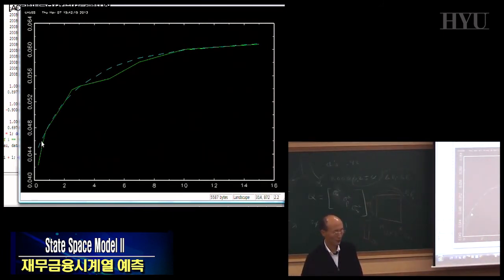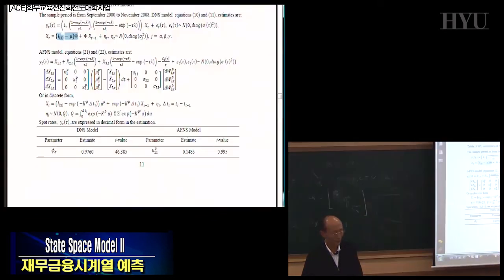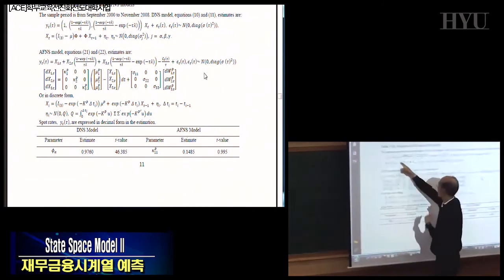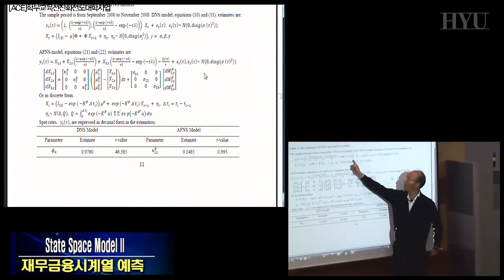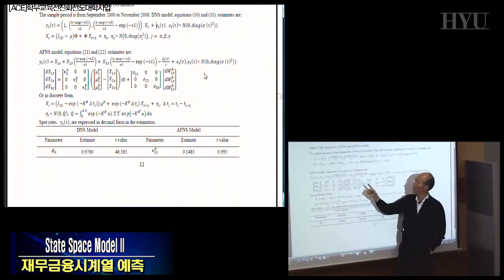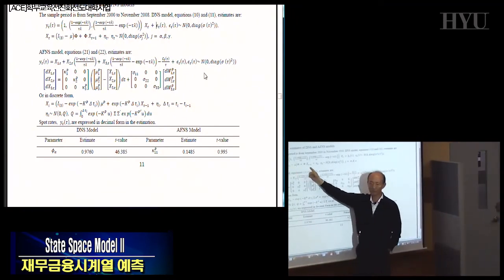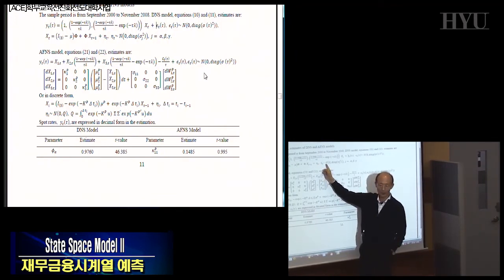So historically, if this fit is reasonable, this dotted line is reasonable, now you have a model. This is VAR. Then you can draw from a multivariate normal, right?